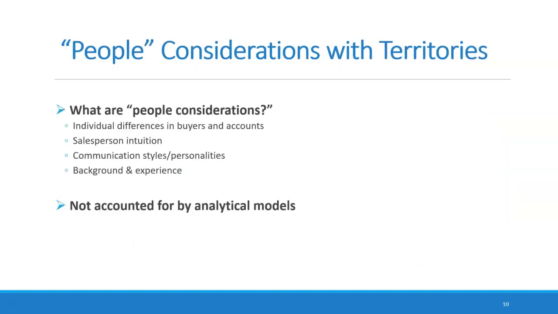The last piece is that while we have all of this technology, the other thing that we have to consider as sales managers is our own knowledge and experience, and that every person is not exactly the same.